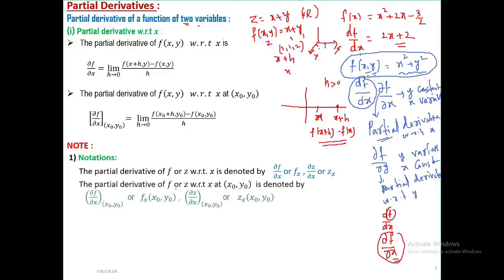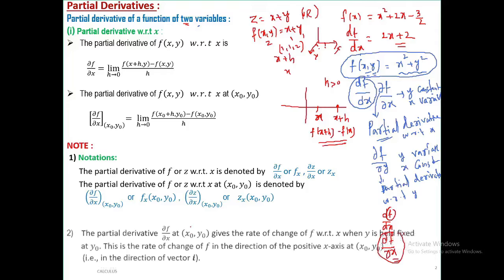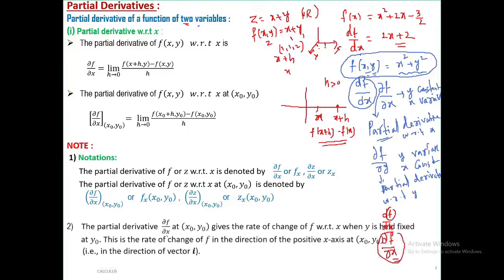The partial derivative of f or z with respect to x at some point is denoted by the same thing, dou by dou x, but with x naught y naught written. After doing the derivative, at the end you have to substitute the point, or simply f suffix x at x naught y naught, or dou z by dou x at x naught y naught, or z suffix x at x naught y naught. That's it. The partial derivative dou by dou x at some point gives the rate of change of f with respect to x. I already told you this just now.